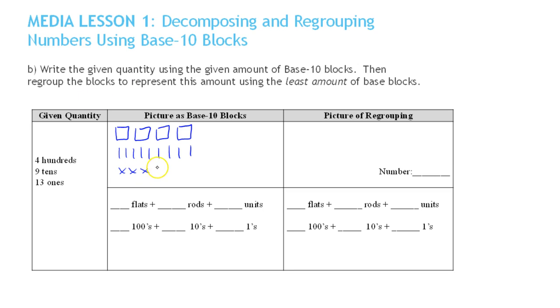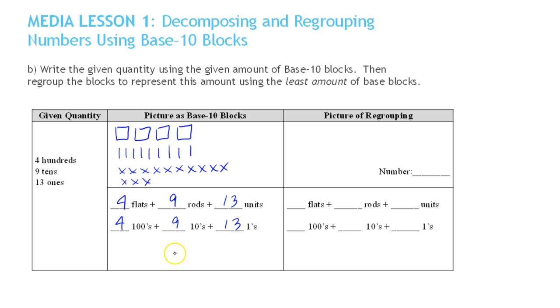I'm going to put 3 of them on the next row. Okay. So this is 4 flats, 9 rods, and 13 units, or 4 hundreds, 9 tens, and 13 ones.